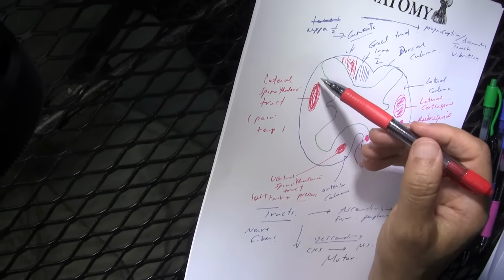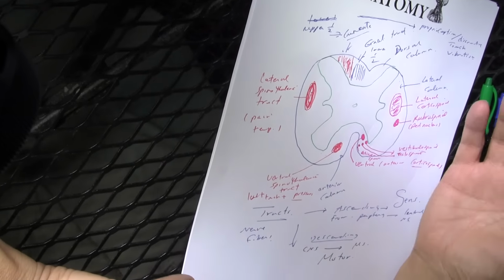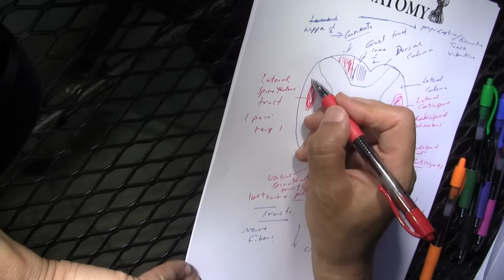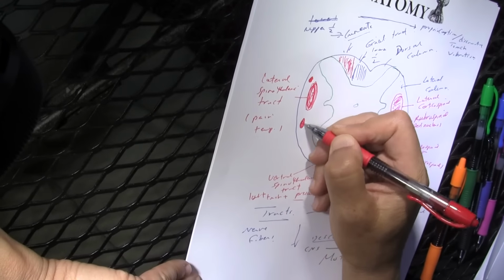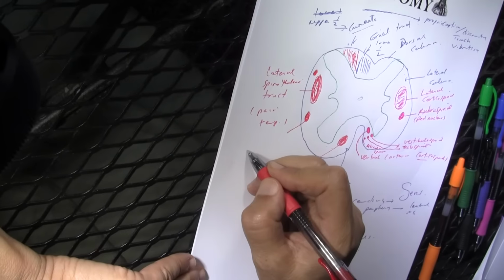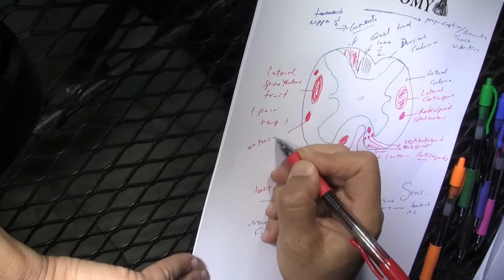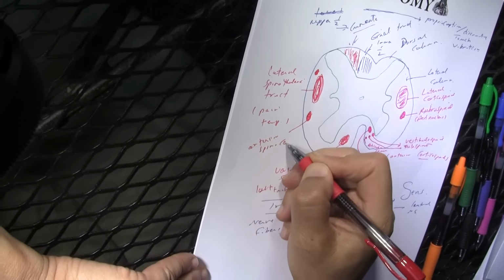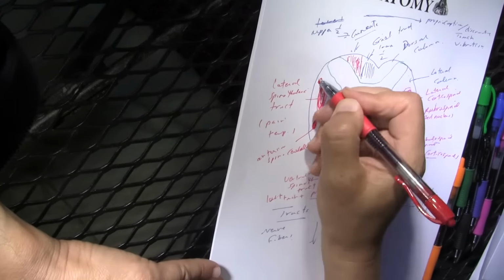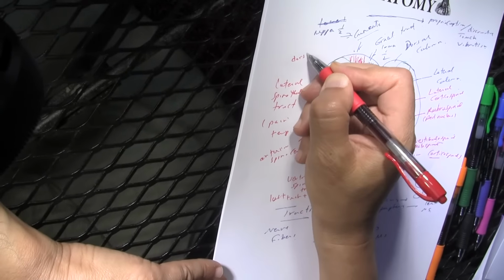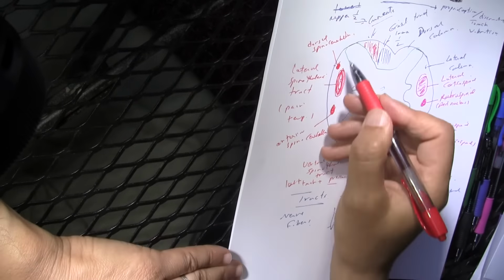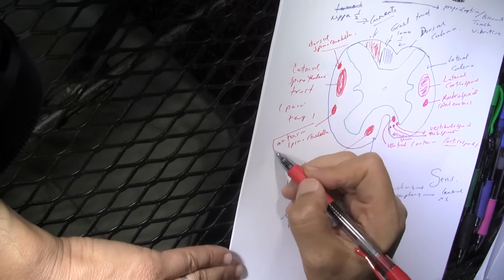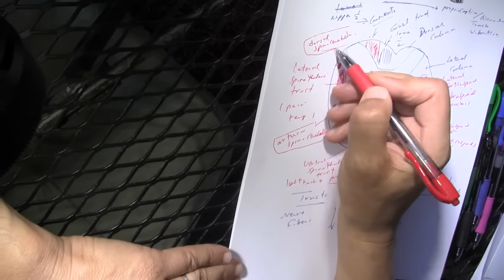There are other tracts which are responsible for unconscious level of proprioception: dorsal spinocerebellar and anterior spinocerebellar. Those tracts are for the unconscious level of proprioception.